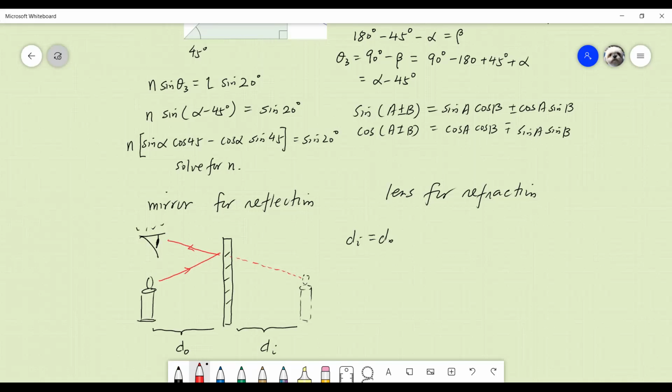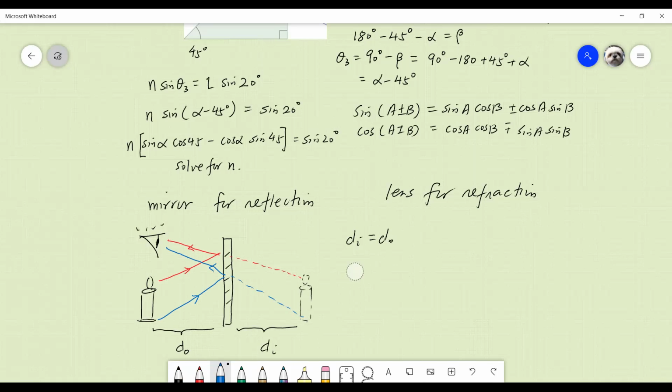The same thing here. Right, that's why it looks like the image in the back, right? So this type of image, they are virtual.